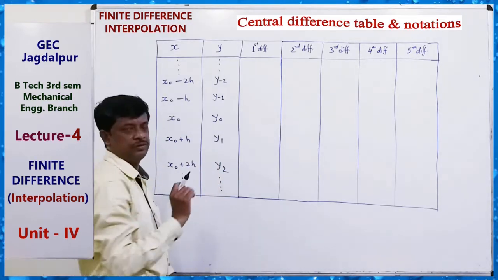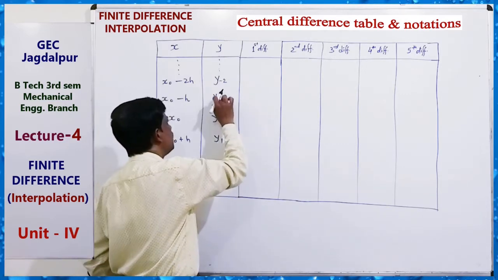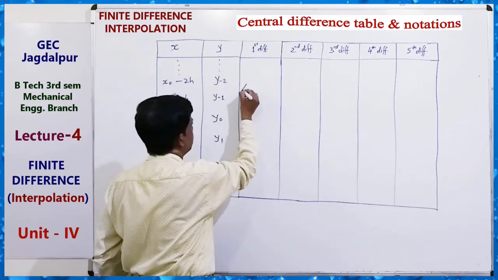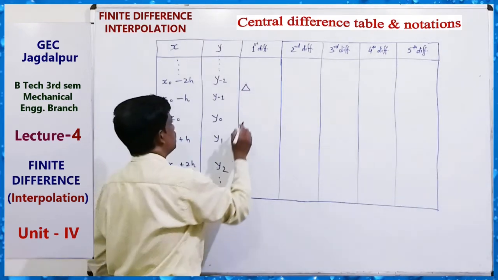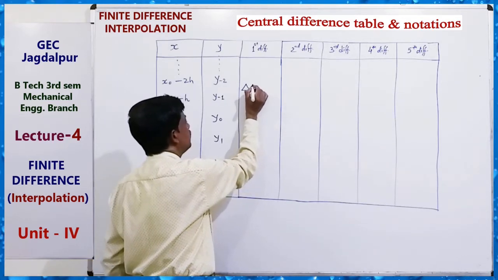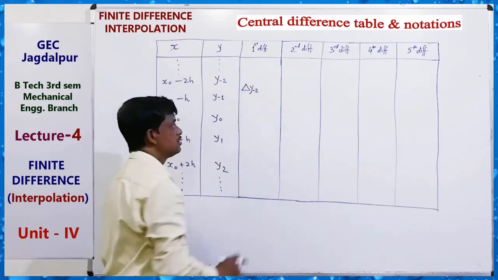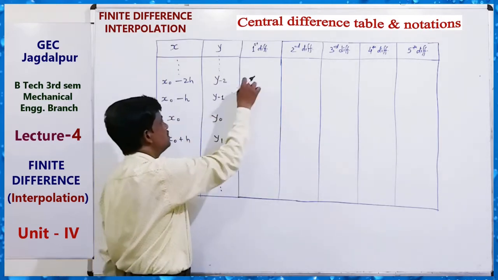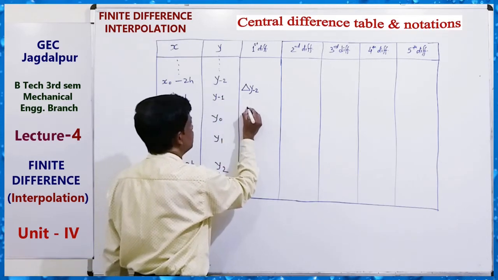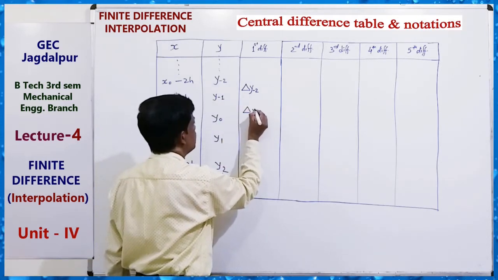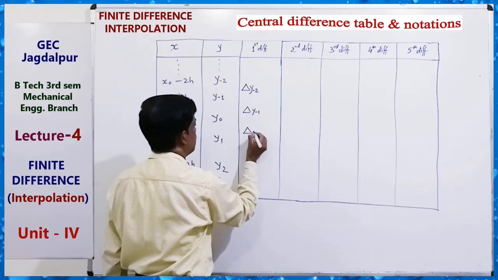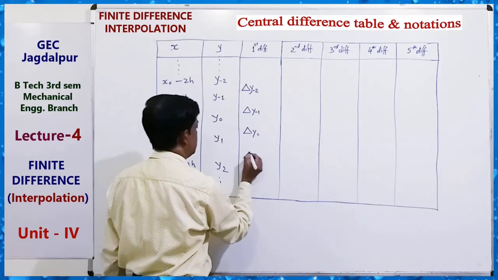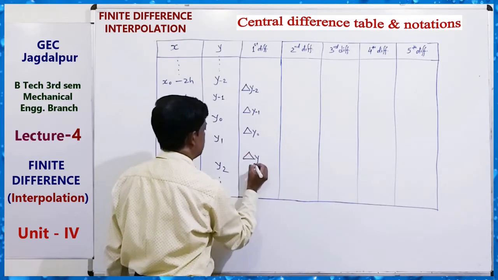Just we know this minus this means, in case of forward difference, what we can write: minus 2, because this minus this is del y minus 2. Here del y minus 1, here del y 0, here del y 1.